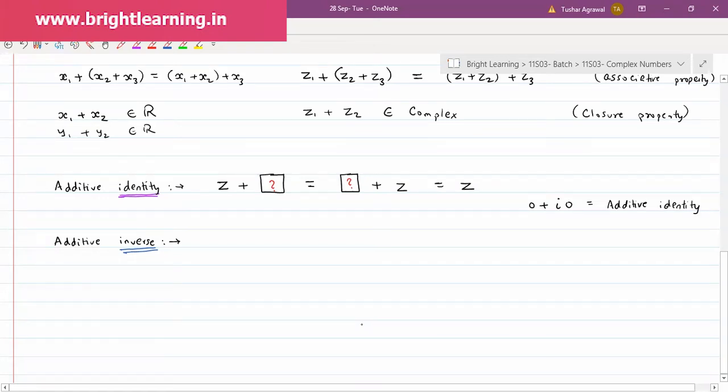And remember, additive identity is not of a particular complex number. Identity is of the set of complex numbers. The complete set C of complex numbers with respect to addition has a special complex number, that is 0 plus i0. Now, additive inverse. What is additive inverse?